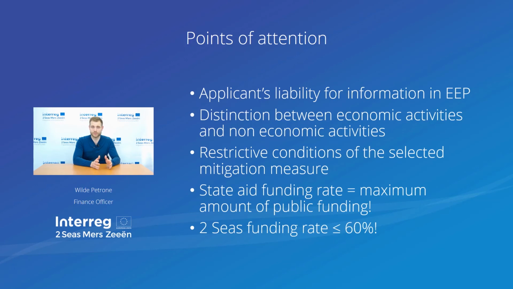As a last important point, the stated funding rate that you will identify at the end of the counter-check process, to see what kind of mitigation measure is most appropriate for you, will be the maximum funding rate for you and the maximum amount of public funding you could receive. So let's say, if you have the example of Article X giving you the possibility to receive 80% of public funding, it would mean that in the end, the 2Cs will stop at 60% possibility of receiving some ERDF.